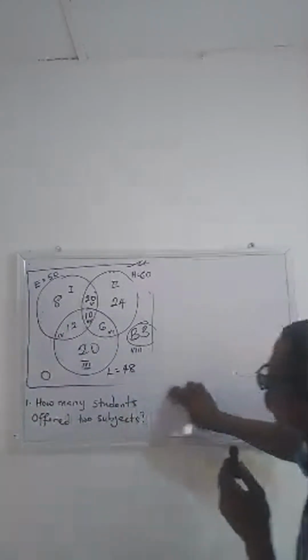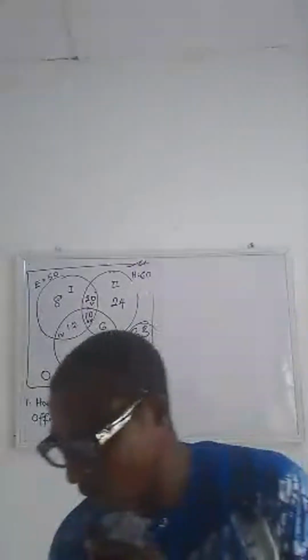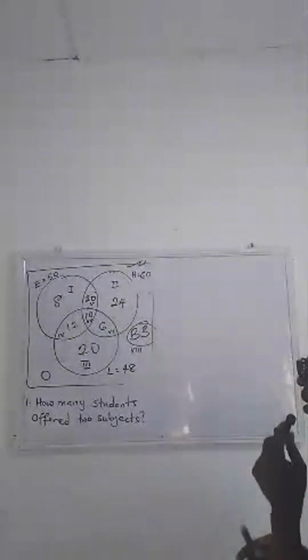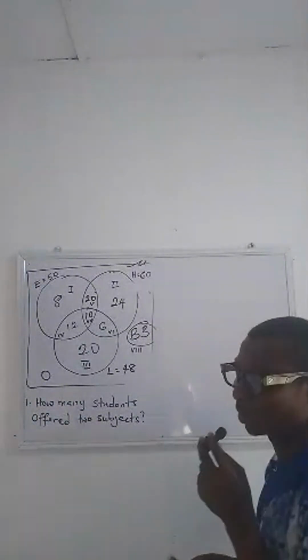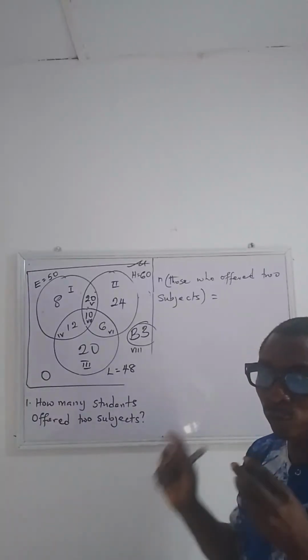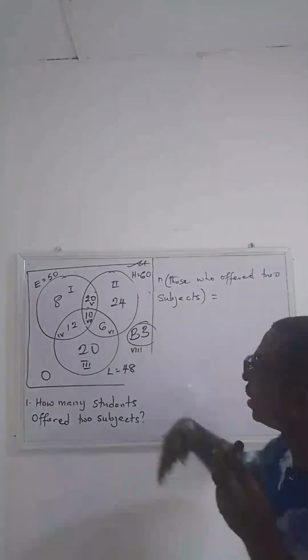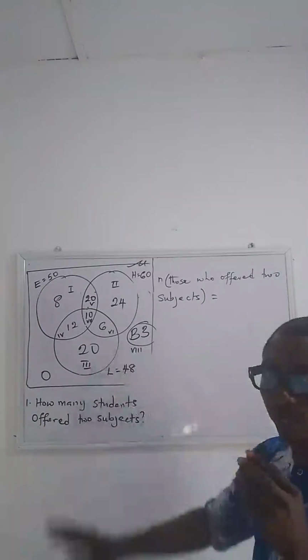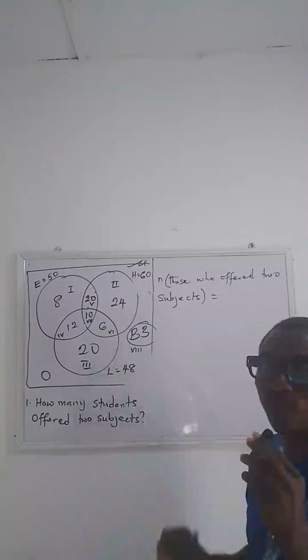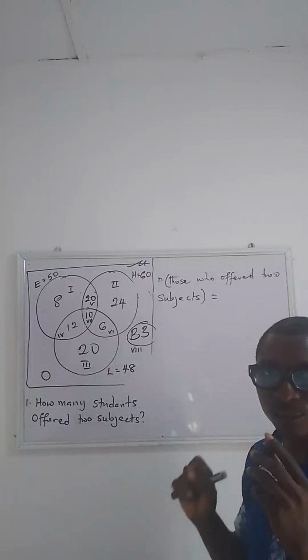How many students offered two subjects? Offering two subjects is going to be the number of those that offer only two subjects and the number of those that offered three subjects.